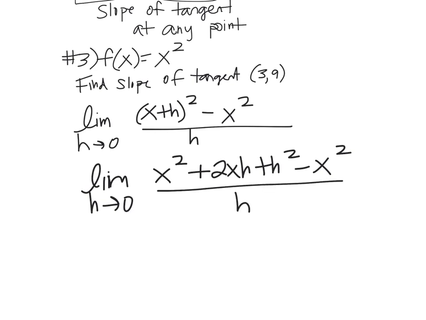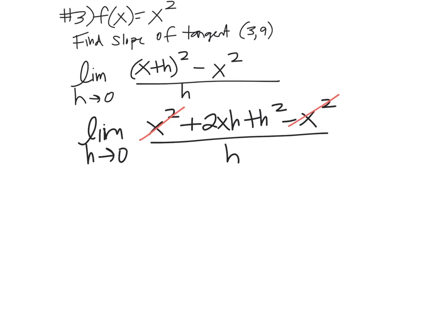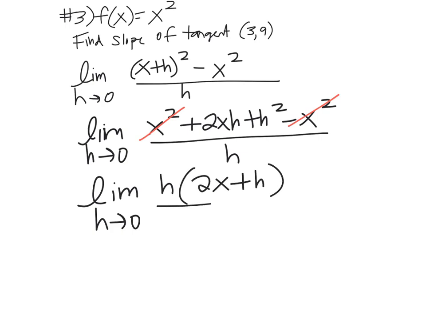Now, anything without an h is going to cancel out up top. It always will. If it doesn't, you did something wrong. So those are going to cancel out, leaving us with terms up top that have an h. We're going to factor that h to the front, and that gives us 2x plus h all over h.